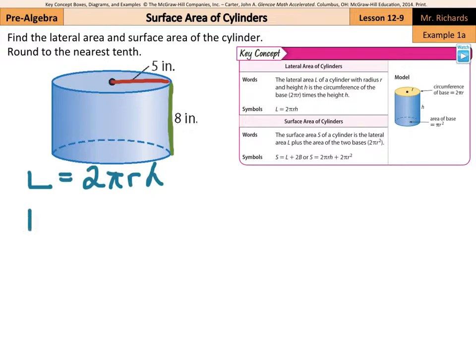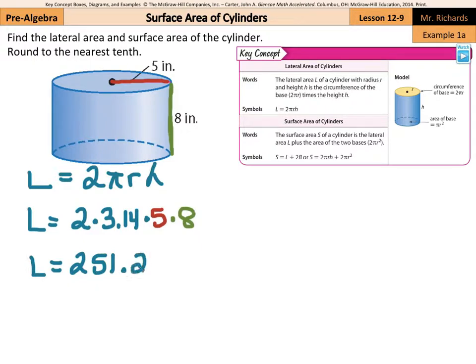So lateral area is equal to 2 times the 3.14 for pi times the radius, which was 5, times the height, which is 8. When I multiply these four numbers together, my product is 251 and 2/10 inches squared.